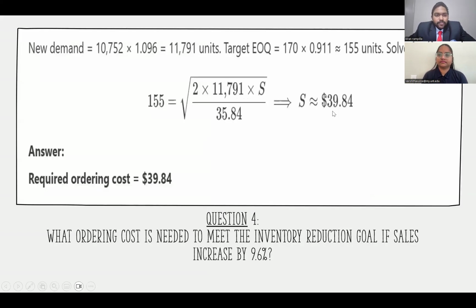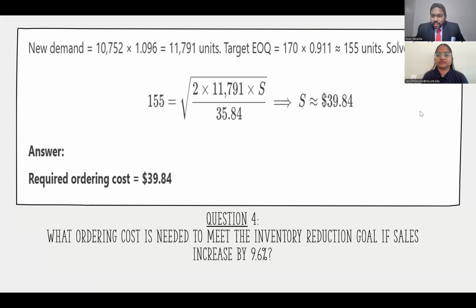Going to the fourth question: if the goal of sales is increased by 9.6%, what would be the ordering cost? Here we are using the same EOQ formula, but the new demand is increased by 9.6% because the sales are to be increased by 9.6%.